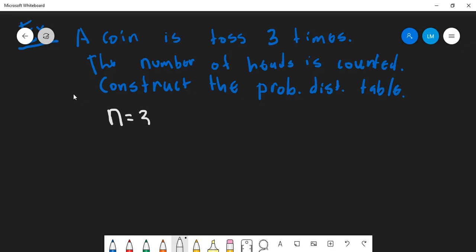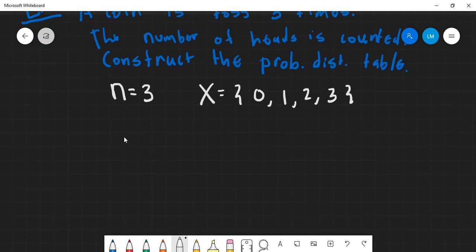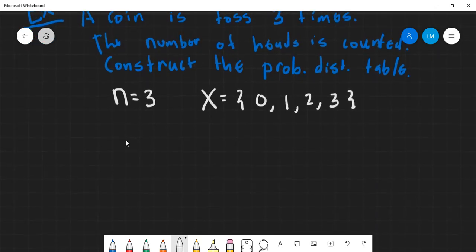So it's tossed 3 times and the number of heads is counted, so our possibilities are 0, 1, 2, and 3. So we're going to need to find the probability that x is 0, 1, 2, and 3 respectively. The other thing we'll need is that the probability that it lands on heads is a half.